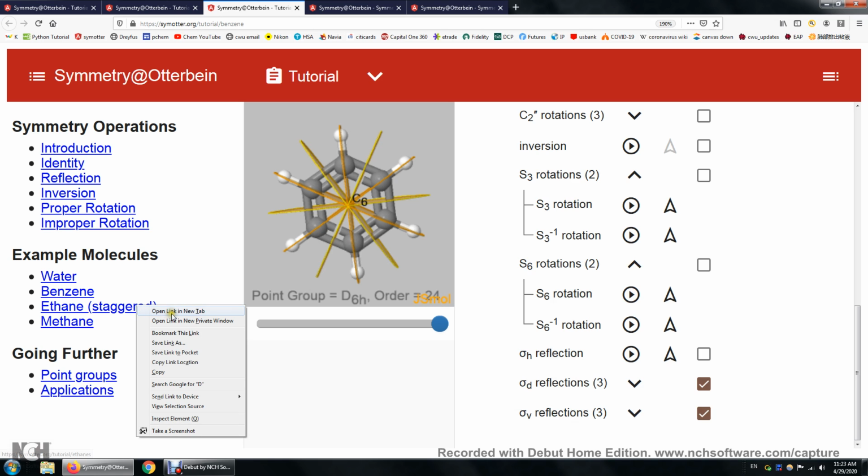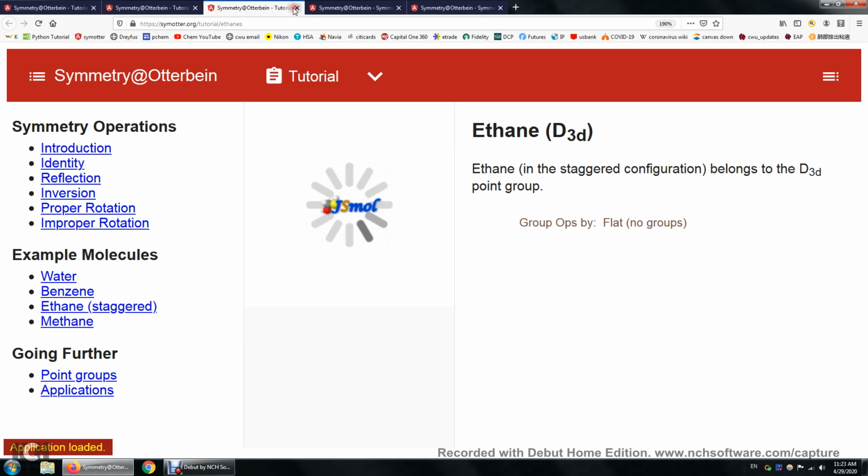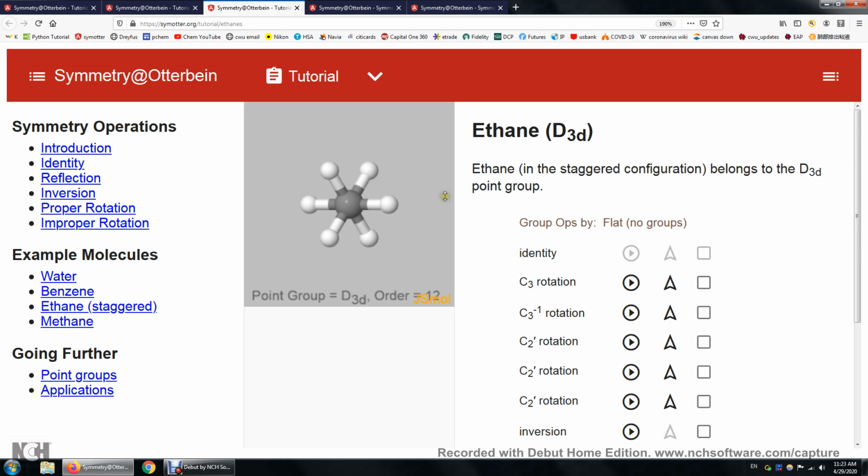Now let's look at ethane. It's a little bit complicated. Ethane has a D3D point group for its more stable staggered configuration.